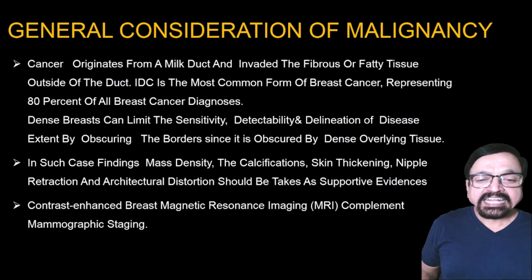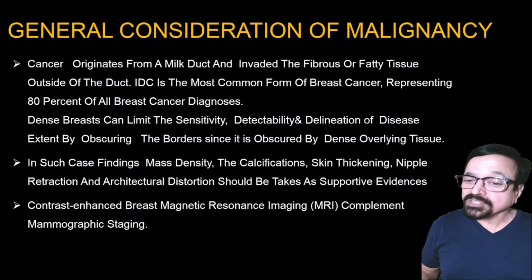Contrast enhanced breast magnetic resonance imaging is complementary to mammographic staging and has a prime role when a malignancy is disputed or cannot be diagnosed properly. However, the first line is preventive mammography, that is mass mammography, and second, when a mass becomes palpable, it becomes diagnostic mammography.